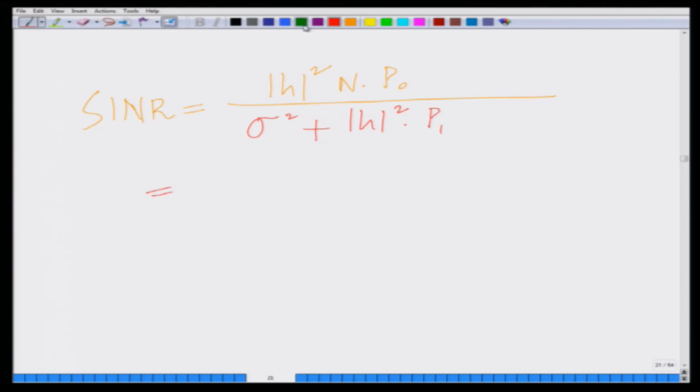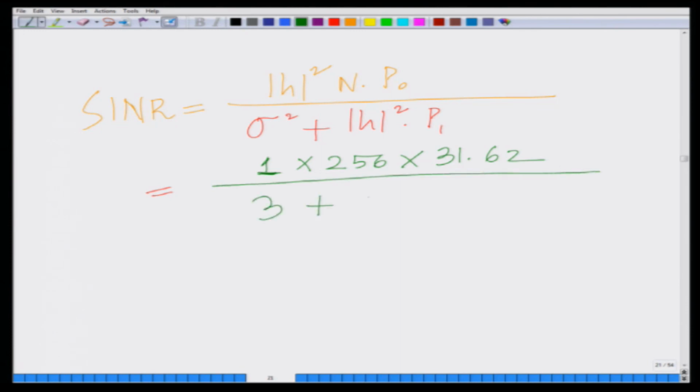This is equal to magnitude of h square, which is 1, times n, which is the code length, equal to 256, times the power P naught, which is 31.62, divided by sigma square, which is 3, plus magnitude of h square, that is 1, times P1, which is 31.62, which is equal to 233.81.